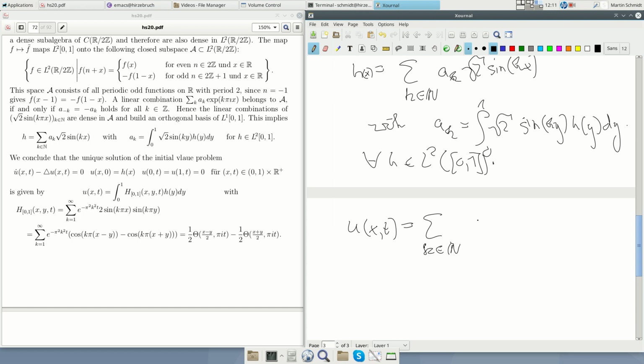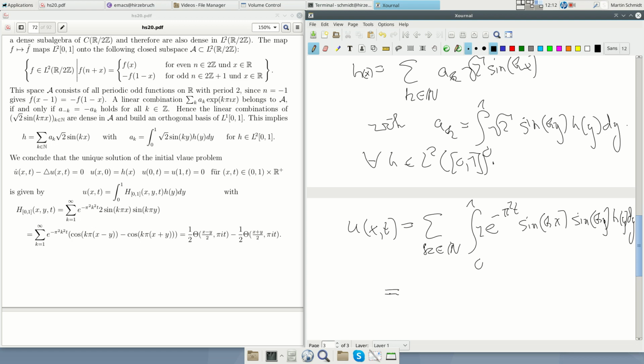We have the integral over 1 of exponential of minus pi squared k squared t, and then sine of k pi x times 2 sine of k pi y times h(y) dy.